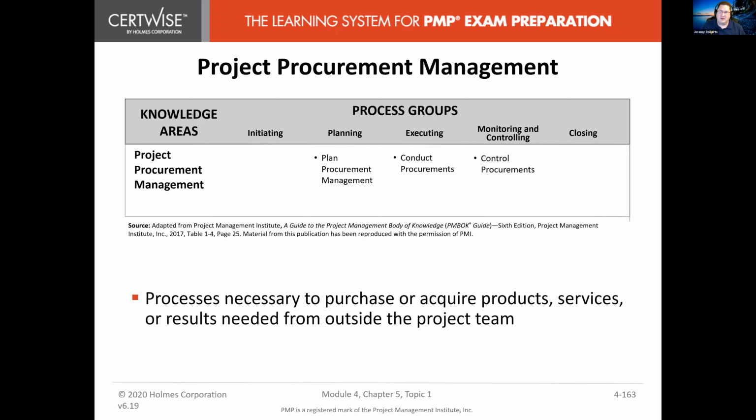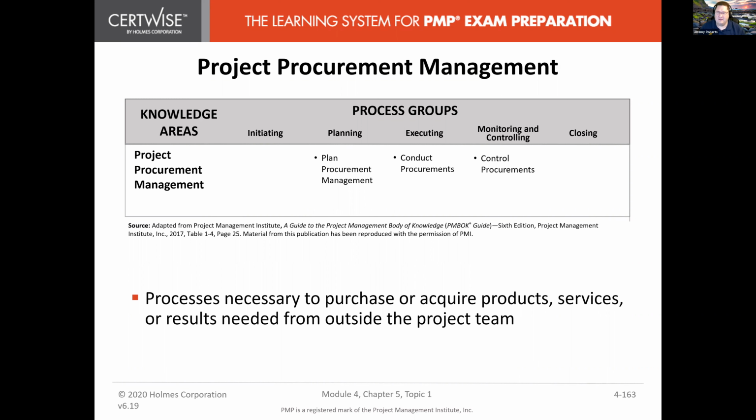But it's not on version 6, so you guys don't need to worry about that. These processes are basically what you need to acquire goods and services, or the results from something outside of the project team.